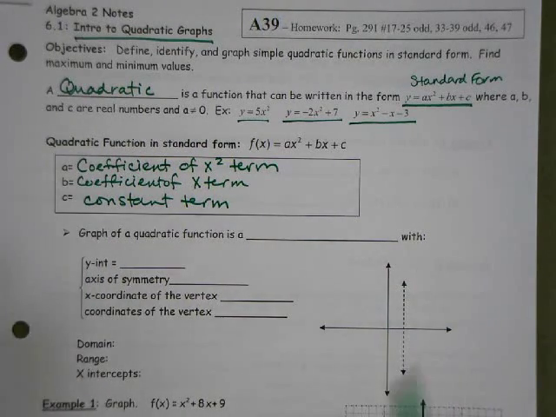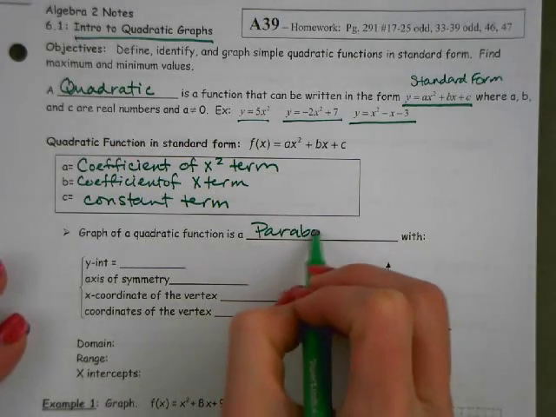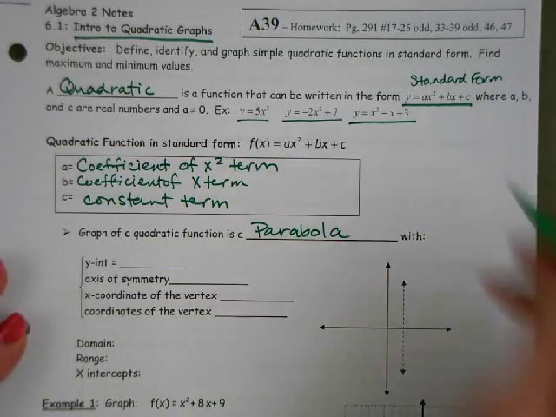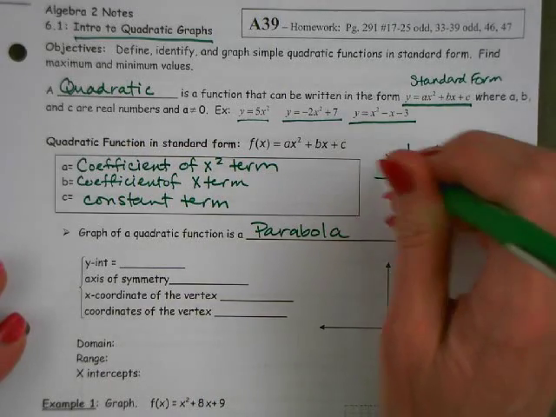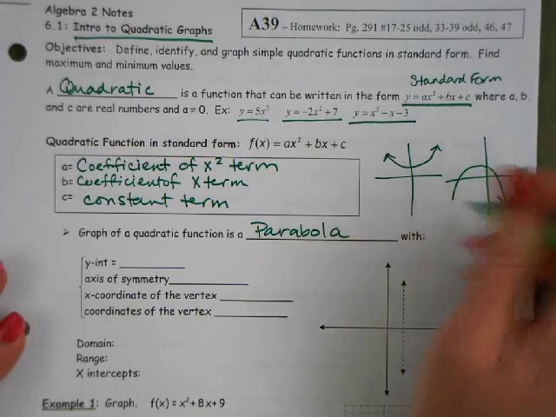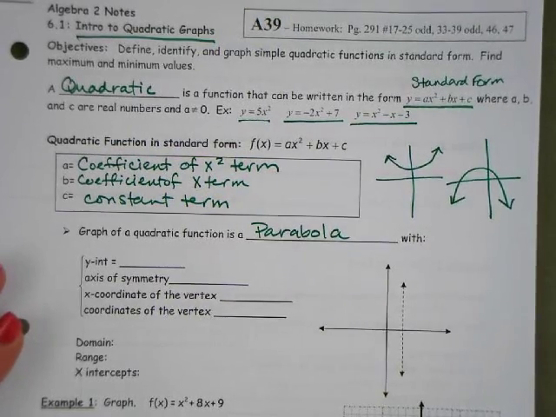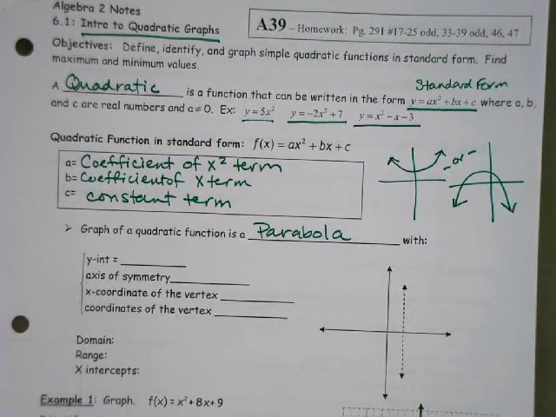Alright, the graph of a quadratic function is what we know as a parabola. Okay, and it's going to look something like an upward U, or it could look something like a lower U, a downward facing U. It could be one or the other. Like an N, yeah.